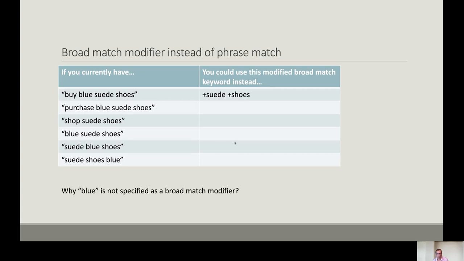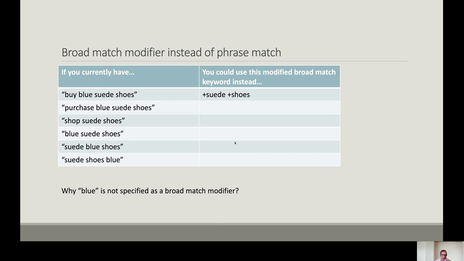So the answer is that you could use plus suede plus shoes. Now you can see that the keyword would actually match up with all of the queries that are similar to the ones shown on the left side of this table, right?